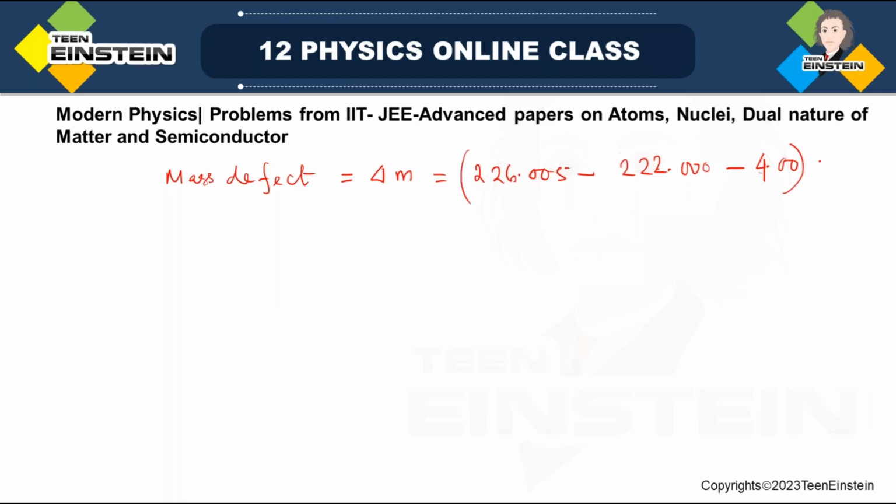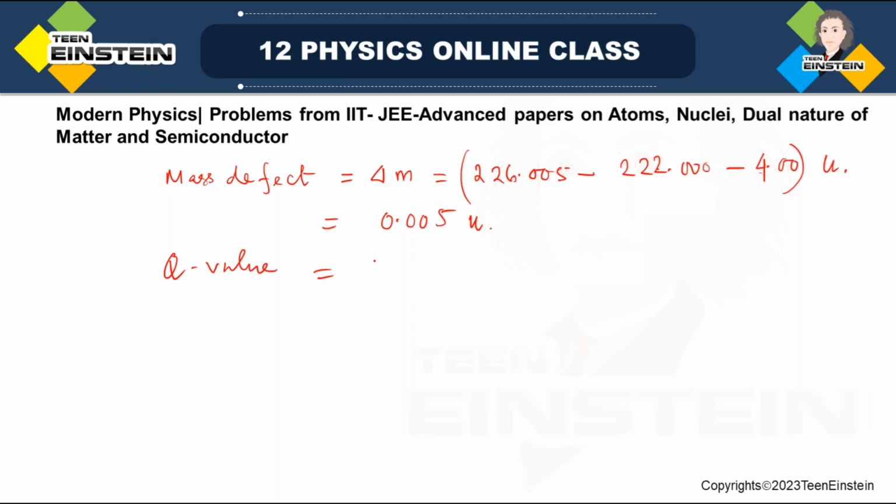This is in U or AMU, you can write. So this will give you 0.005 U. Okay, so this is the mass defect. Then what is the Q value?